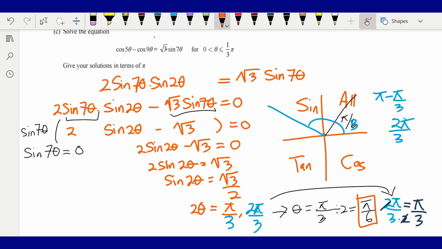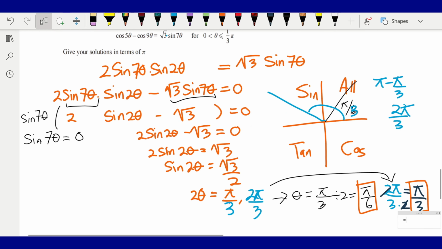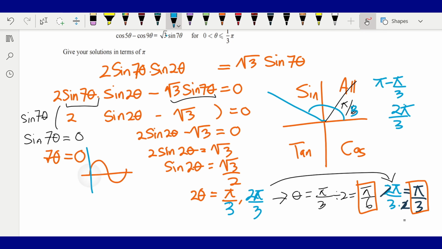We also will get the answer from the factorization of sine 7 theta equals 0. So that will be 7 theta equals 0. Now the values where sine is 0 on the graph of sine are 0, pi and 2 pi.